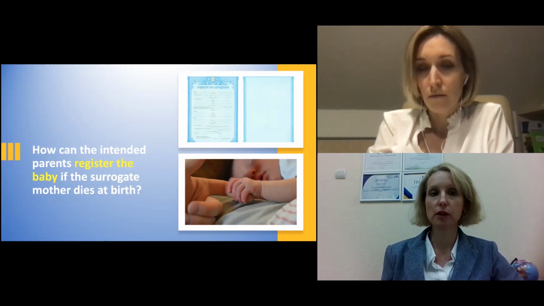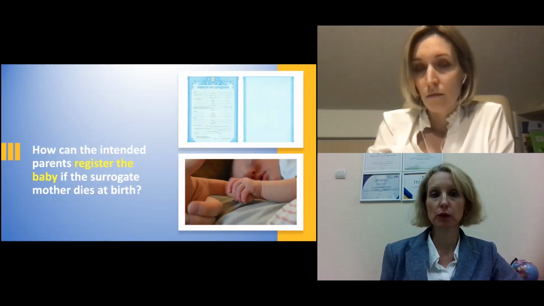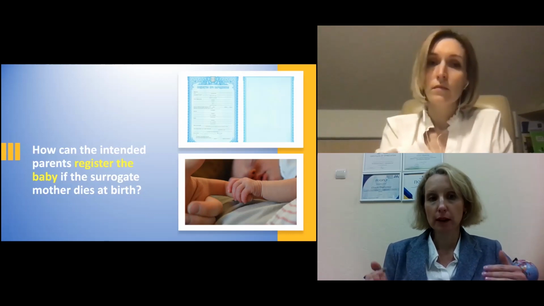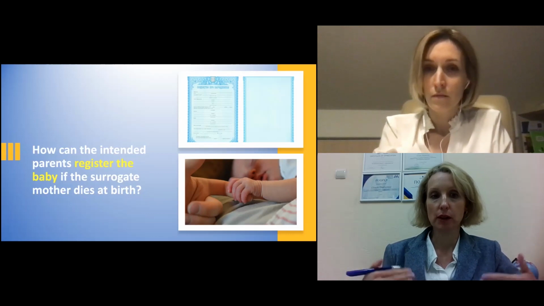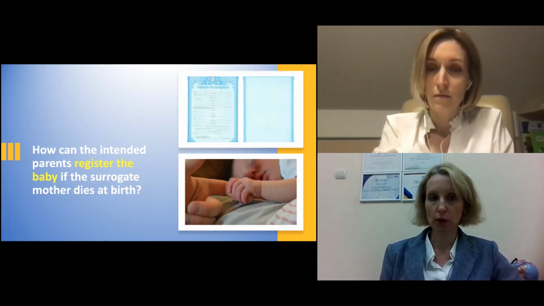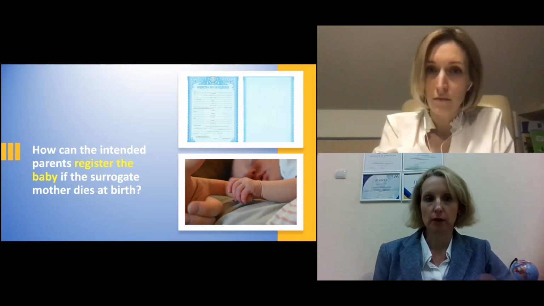The registry office told us that they will consider this situation and they do not exclude that a court decision would be needed for birth registration in such circumstances. But again, only intended parents can be registered as the child's parents. So in the registry office or in court, we should protect their rights and get this birth certificate sooner or later.